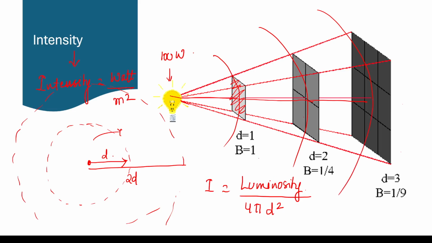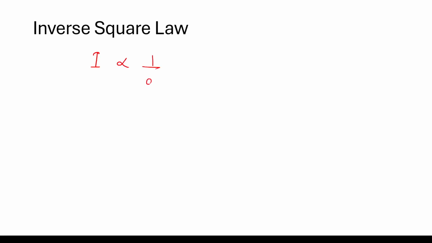As you can see, luminosity is in watts, area is in meters squared, so intensity is measured in watts per meter squared. That is why it is also called the inverse square law, because intensity is inversely proportional to distance squared. So if you double the distance from a star, the intensity that we receive becomes 1/4.